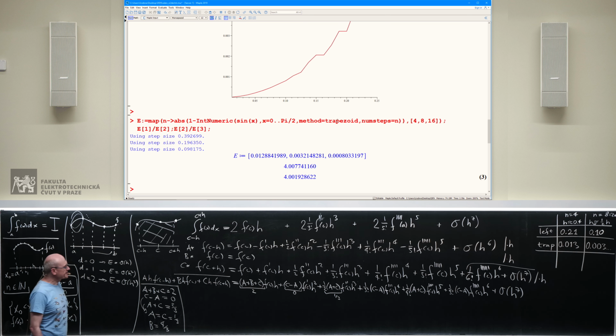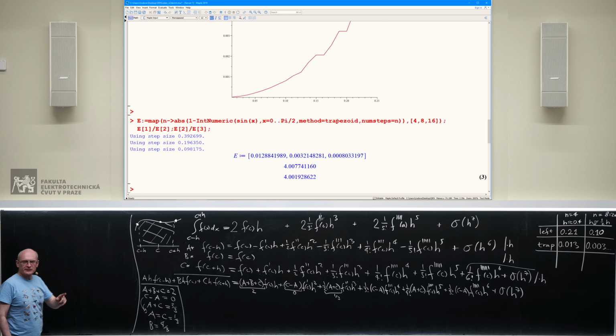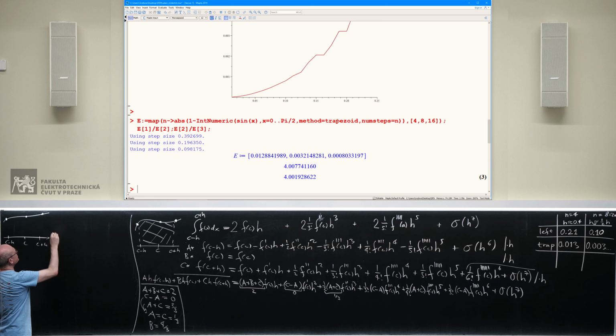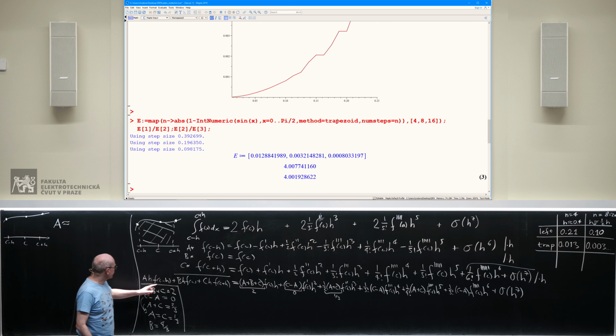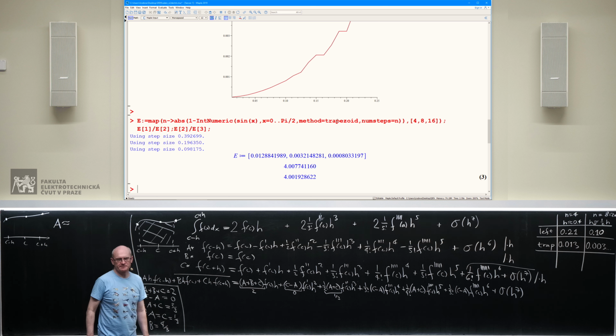Good. Now, let's determine the error of the new method, and let's write down what the method actually does. And for that, I will need room. Okay, so let's have a look what's happening with one panel, or rather double panel. C minus H, C, C plus H, our function, 3 pieces of data. The area is supposed to be approximated by an expression like that, where A and C are now 1/3, and B is 4 over 3.